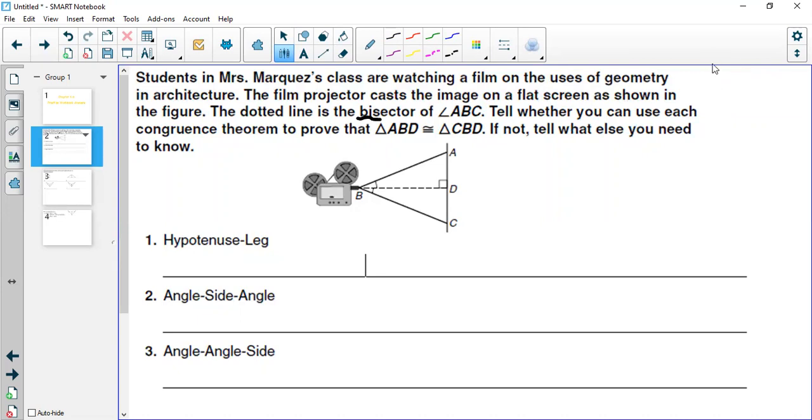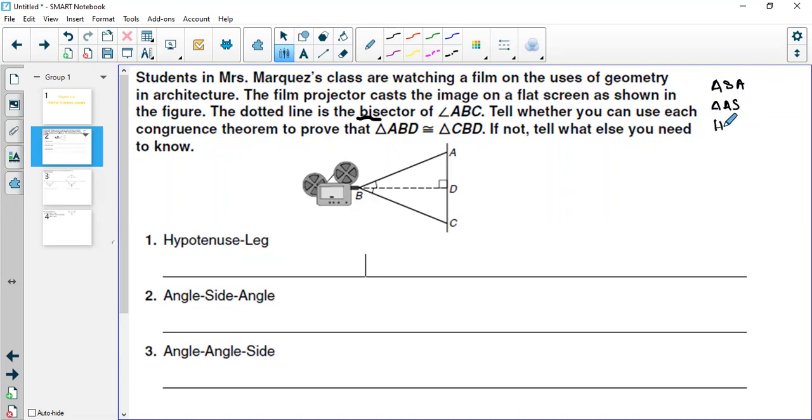Now there are three theorems which we learned in this lesson. One was ASA, which says that if two angles and the included side are equal, then we can use ASA. Another one is AAS, which means that if two angles and the non-included side are equal, the two triangles are congruent.